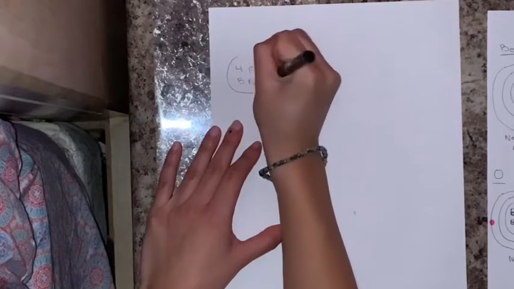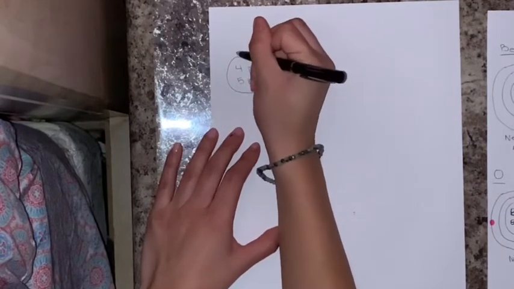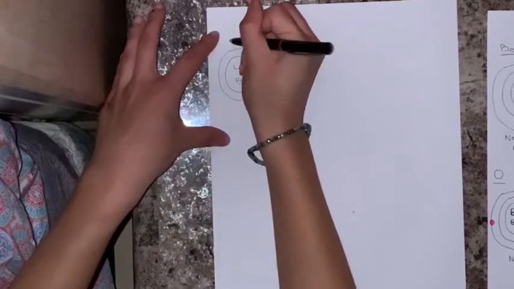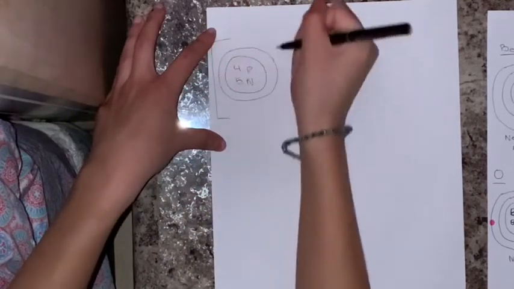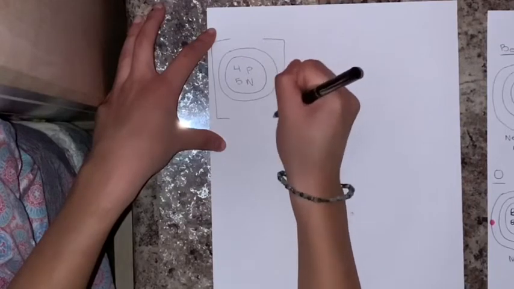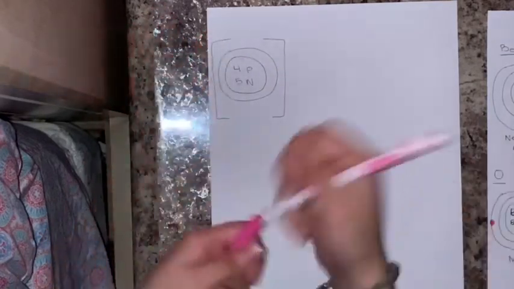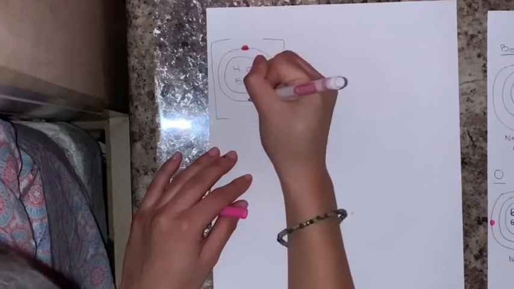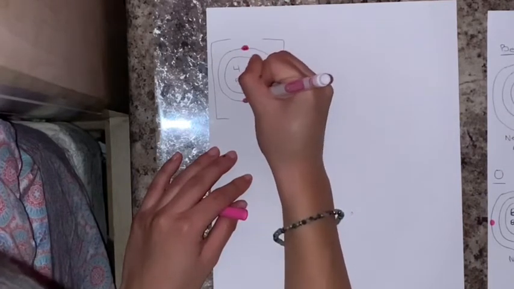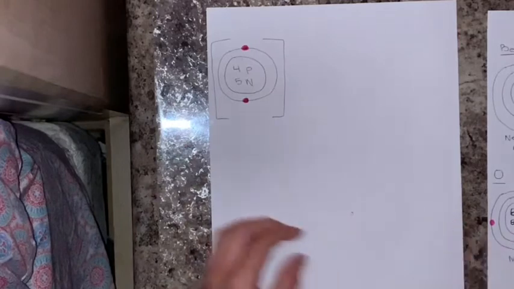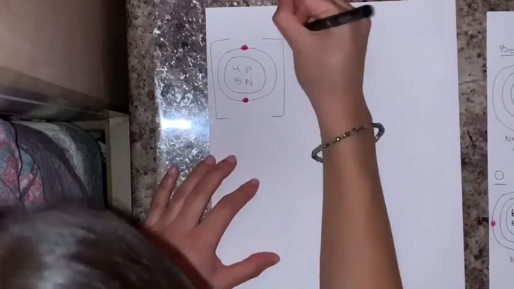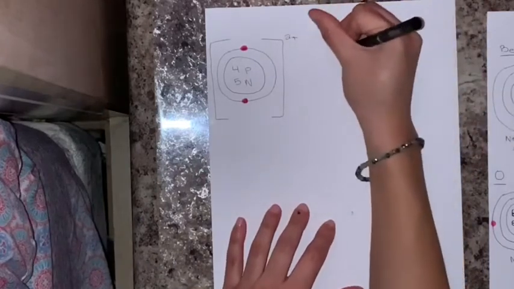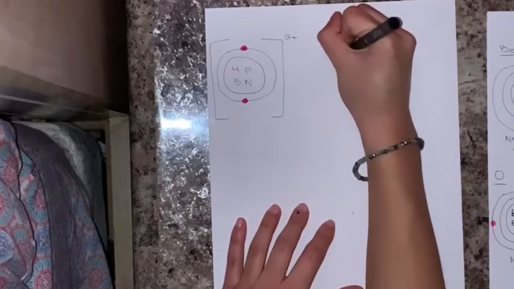So here I am drawing beryllium's ion right here. And I'm going to draw oxygen's ion next to beryllium's ion to form an ionic compound.